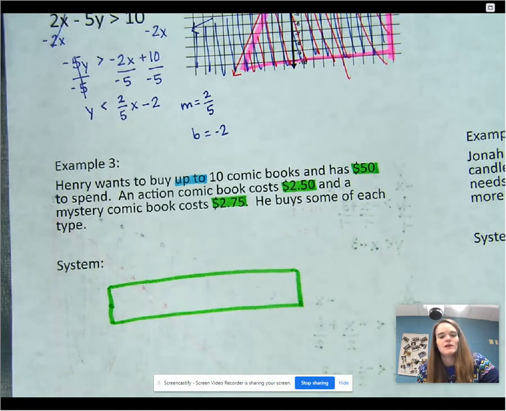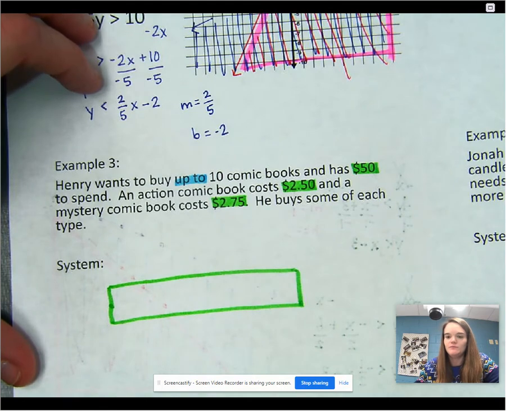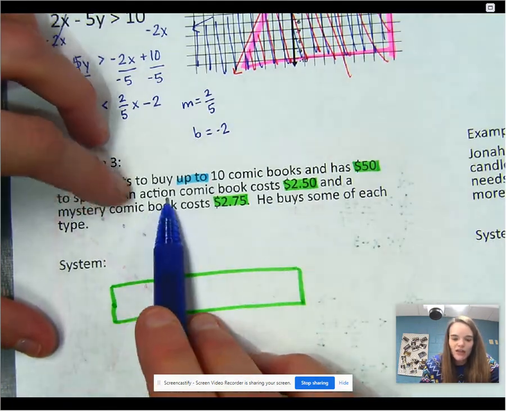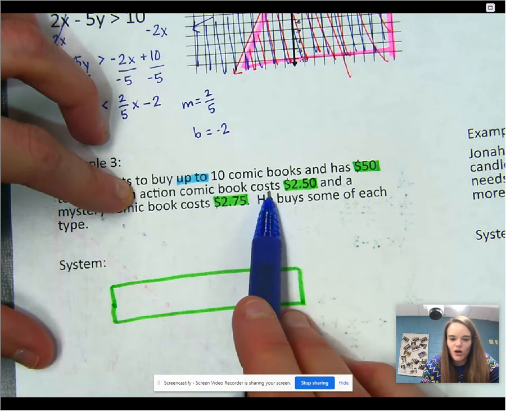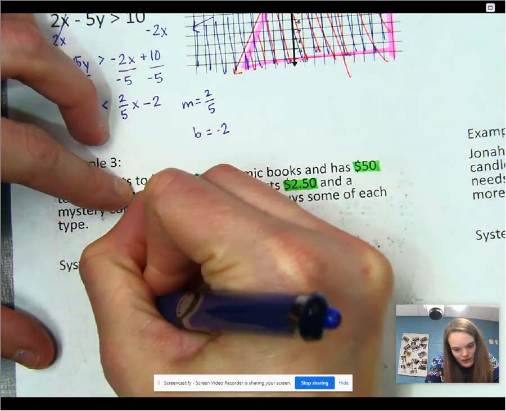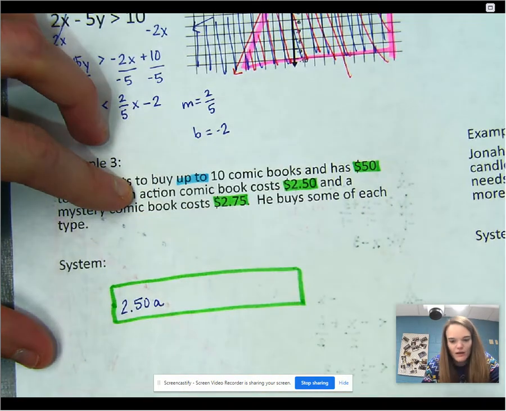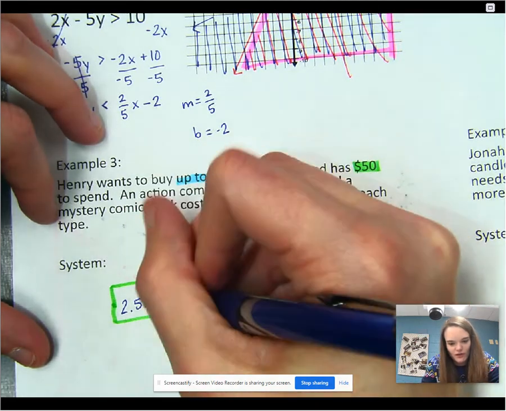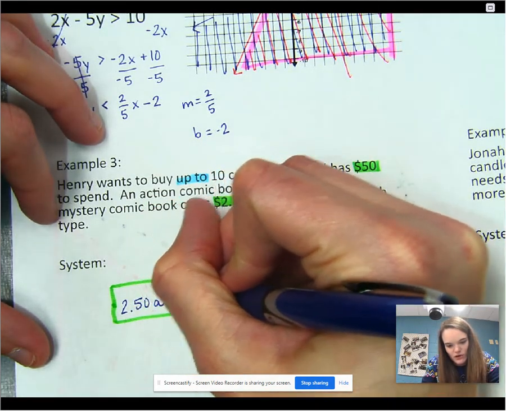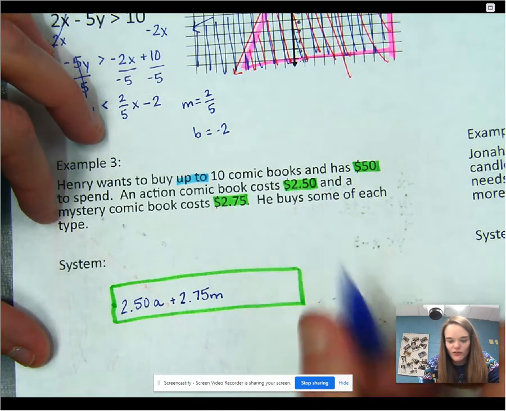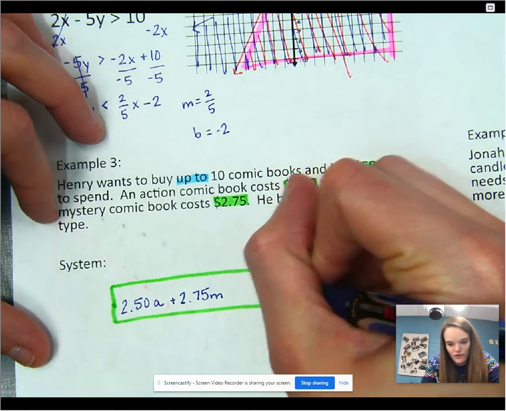Okay, let's write that. An action (A) comic book costs $2.50, so $2.50 A. And a mystery comic book costs $2.75, plus $2.75 M. He has $50.